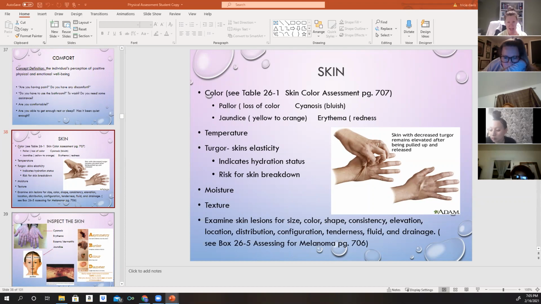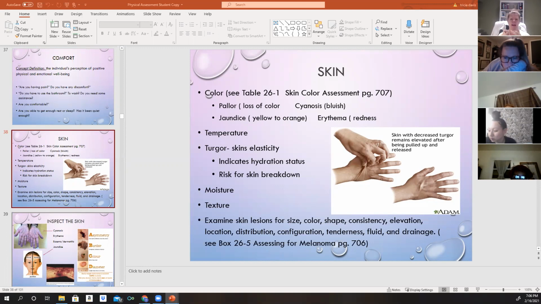Then pallor, that is the loss of color. Looking at the face and the lips, the conjunctiva, the mucous membranes inside the mouth, they get very pale and white when they don't have good blood flow. You'll see that in patients that have anemia, some patients that have sickle cell.